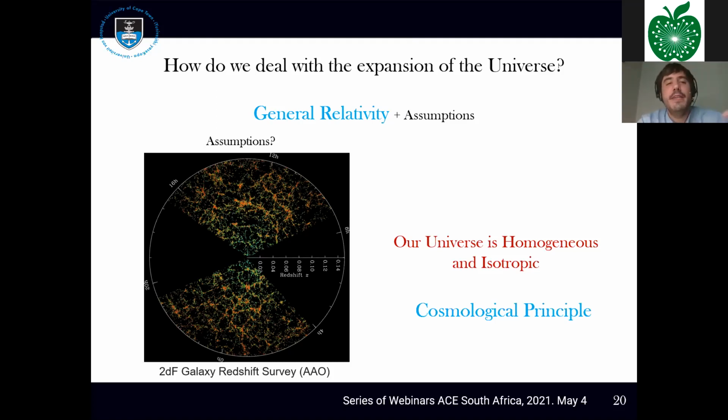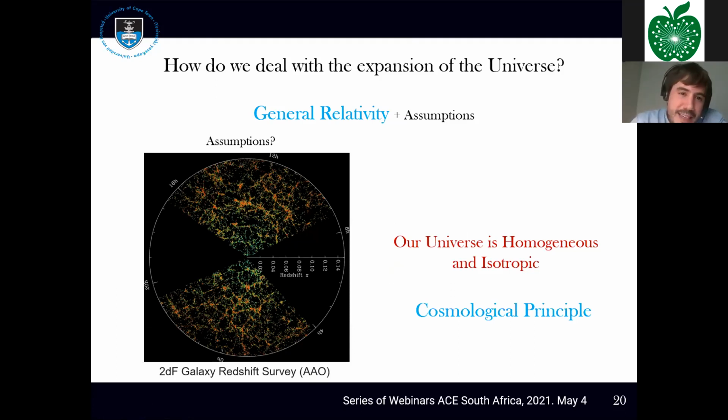We have general relativity. We want to explain the expansion of our universe, but in order to deal with this, we have to put some constraints or make some assumptions. The assumption to explain the expansion of the universe with general relativity is what we call the cosmological principle, and it is that our universe is homogeneous and isotropic.